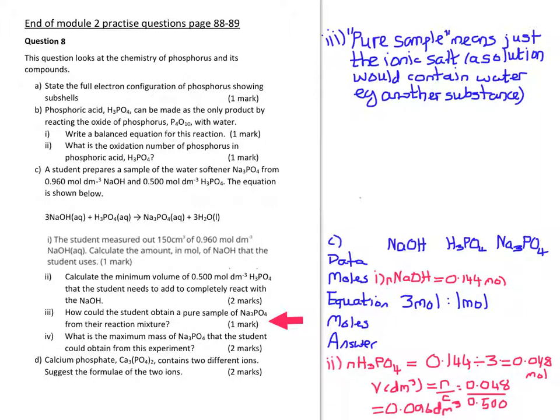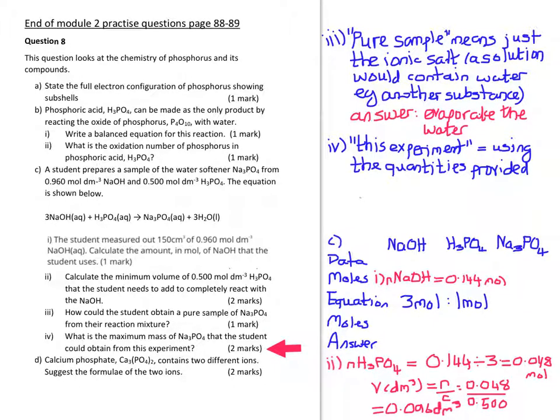In other words, the sodium has replaced the hydrogens in phosphoric acid to make sodium phosphate. If you have a solution of sodium phosphate, that's not necessarily a pure sample because the water it's dissolved in would be another substance. So in order to get the mark for this, you need to say how you get rid of the water. So you'd need to evaporate the water to leave the salt behind.